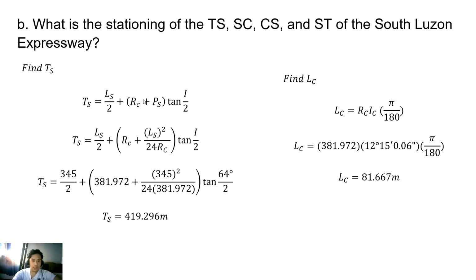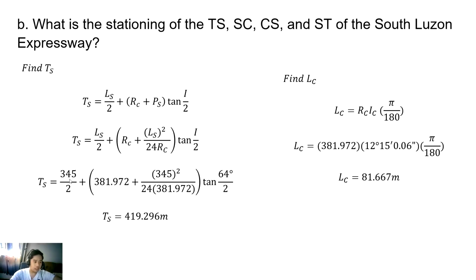Okay, para sa TS, we're going to use LS over 2 plus RC plus PS times tangent I over 2. Alam naman natin na ang PS, meron na siyang sariling formula na LS squared over 24RC. Ilalagay na lang agad natin siya dito. So, ang magiging formula na ng TS ay LS over 2 plus RC plus LS squared over 24RC times tangent I over 2. Substitute na natin yung given.